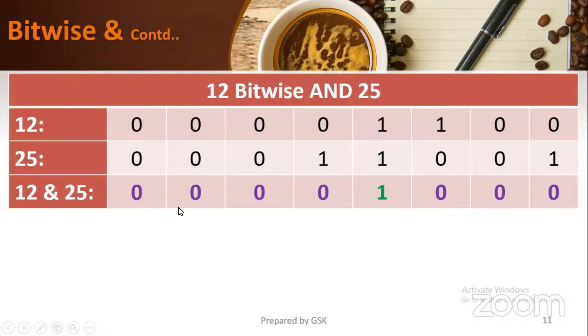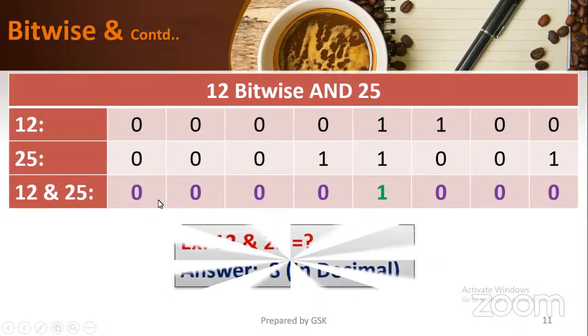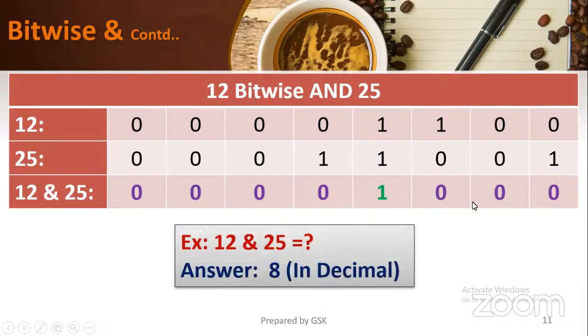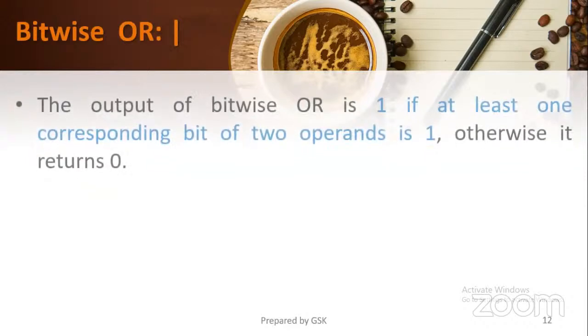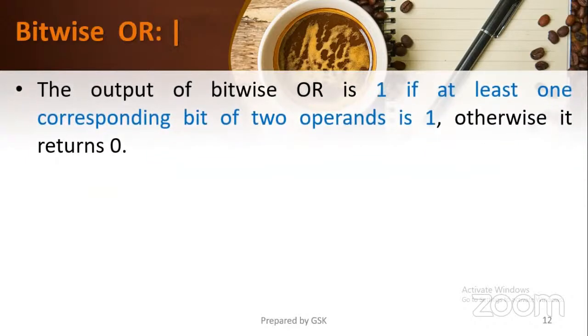Finally, this value is generated, and after that, this value is converted into the decimal value again. The decimal equivalent for this binary value is 8. That value will be displayed as the result of your program on the screen. That will be done internally.